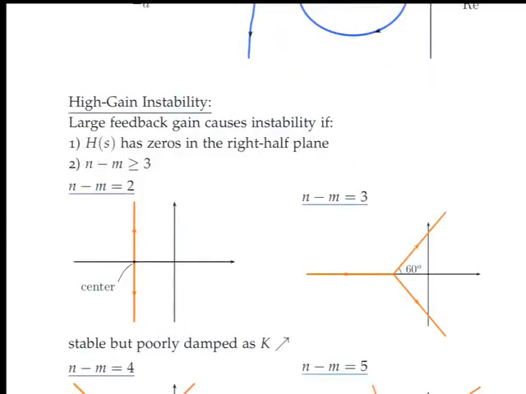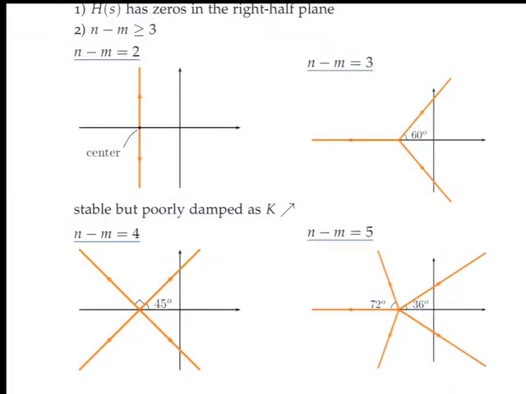If n minus m is equal to 3, then high gain gives you actual instability, because now the asymptotes have those plus minus 60 degrees, so you cross into the right half plane and become unstable. Okay? Too aggressive a gain can destabilize your system. Make sense? All right, n minus m equal 4, same story.